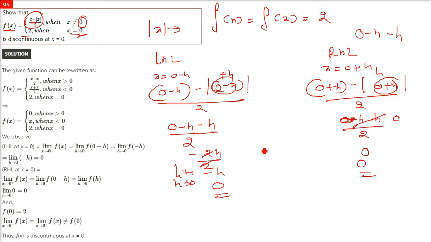But the problem is the value of the function at x equal to 0 is actually 2, which is not equal to 0. So you can just say that it is discontinuous at x equals 0. The value of the function and the limit are not matching, though the left hand limit and right hand limit are matching.